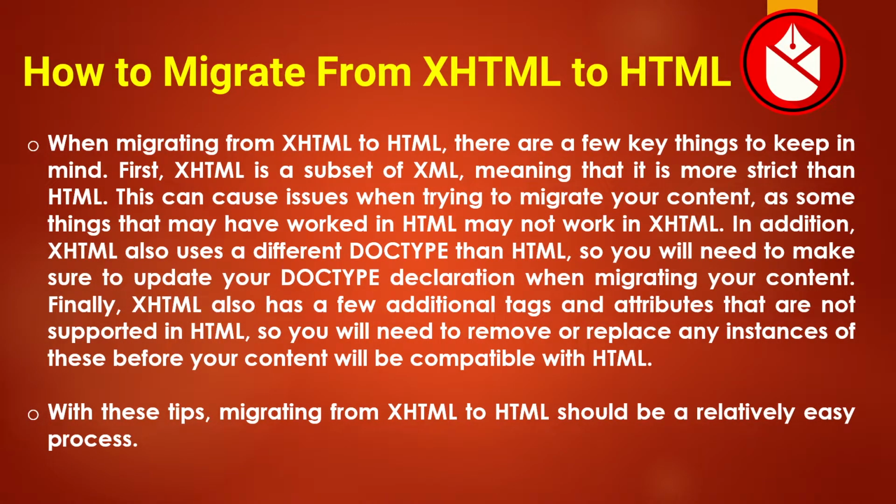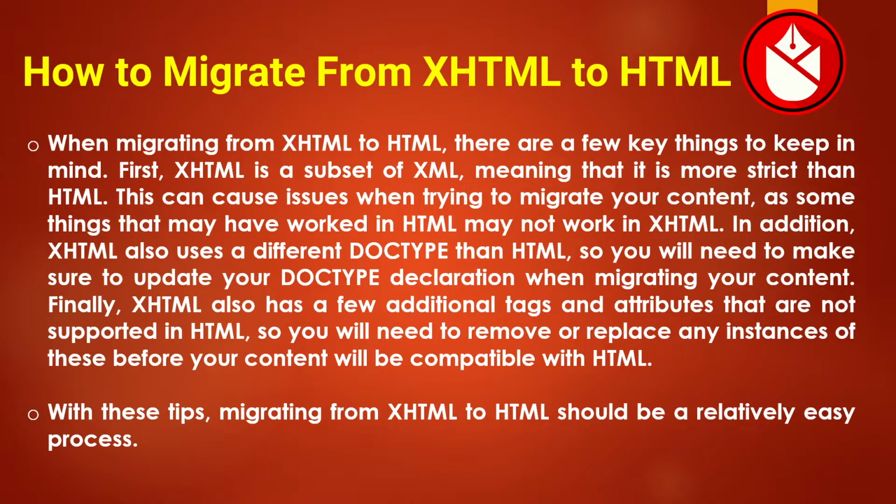Now, how to migrate from XHTML to HTML? When migrating from XHTML to HTML, there are a few key things to keep in mind. First, XHTML is a subset of XML, meaning that it is more strict than HTML. This can cause issues when trying to migrate your content, as some things that may have worked in HTML may not work in XHTML.